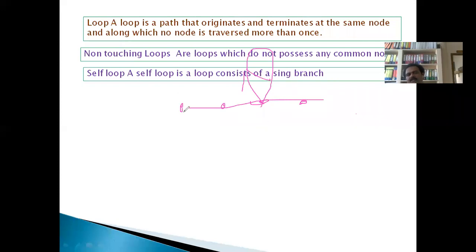This is called a self loop with one branch. It contains only one branch, starting at a point and again coming back to the same node. That is with a single branch, so that is called a self loop.